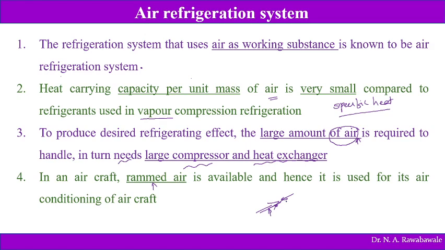So this compressed air is produced because of ramming effect. As this aircraft moves at a very high velocity, it hits the air, and this compressed air is used for developing the air conditioning effect in the aircraft.